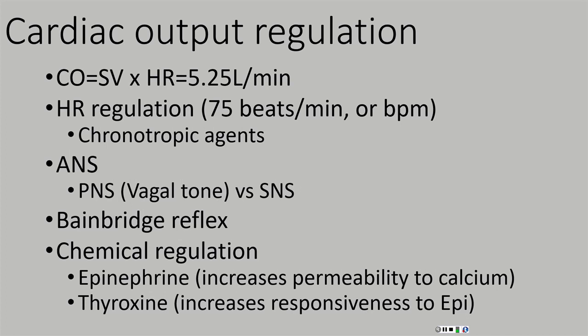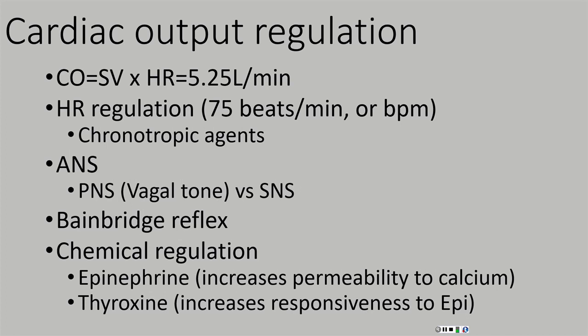And at rest, the normal, average, healthy adult male has a cardiac output of about 5.25 liters per minute. That's the volume of blood ejected from one ventricle in 1 minute. Now, this volume of blood isn't just what the heart happens to be moving.